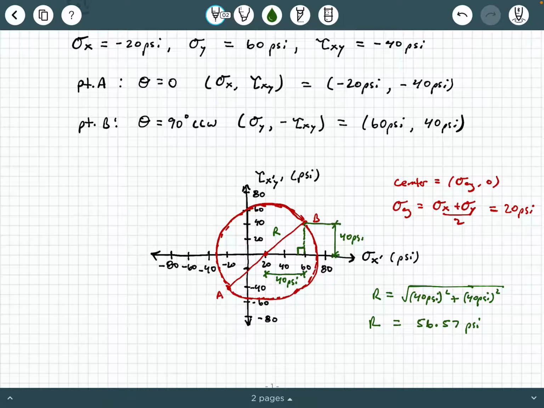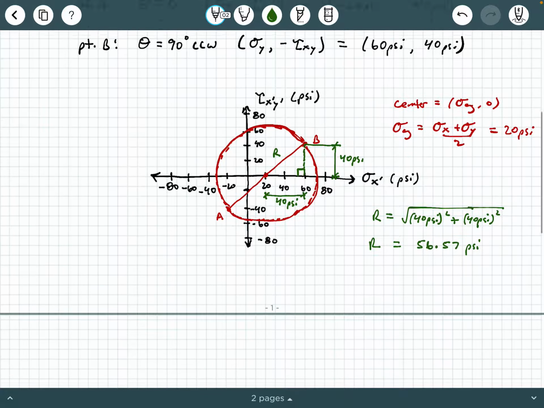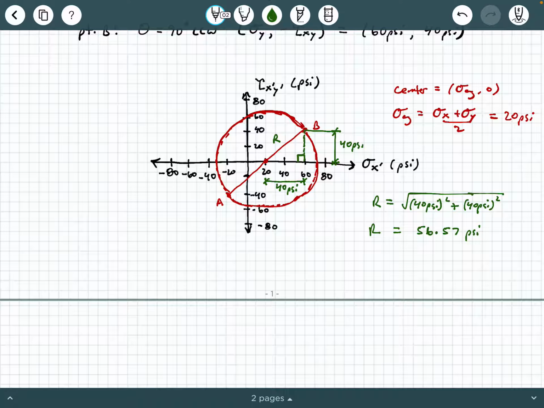Now, what do we ultimately need? We need the principal stresses and the maximum shear stress, right? So what are the principal stresses? Let's remind ourselves. Sigma 1 is the major principal stress, okay? And it is the point on the Mohr circle where the circle intersects the sigma axis.